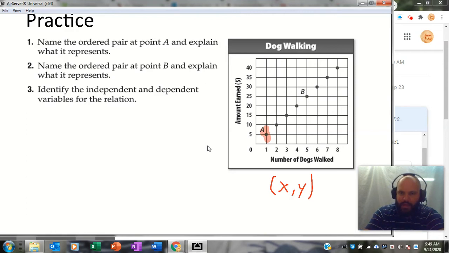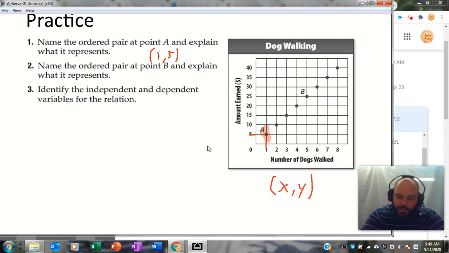So you have to go by the actual numbers. Starting at the origin at 0, 0, we move to the right 1, so the x value would indeed be 1. But then for the y value, we've got to go up to there, and that value is 5. So the ordered pair is 1, 5.